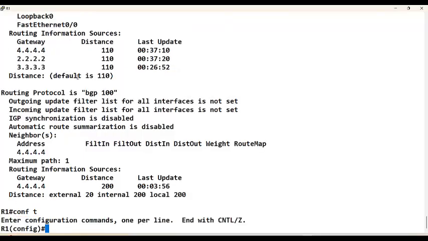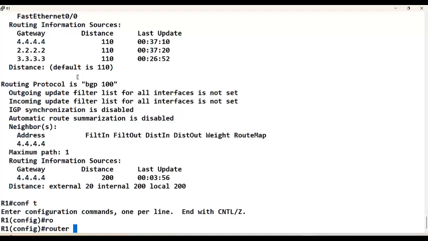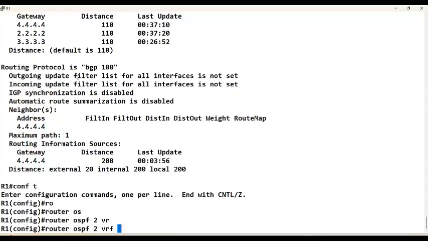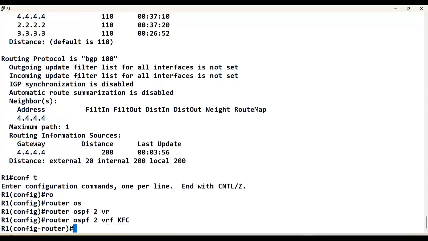So I'm going to say router ospf 2 vrf KFC. This is the syntax. I'm saying I'm running this OSPF for the KFC control plane, not for the global control plane.